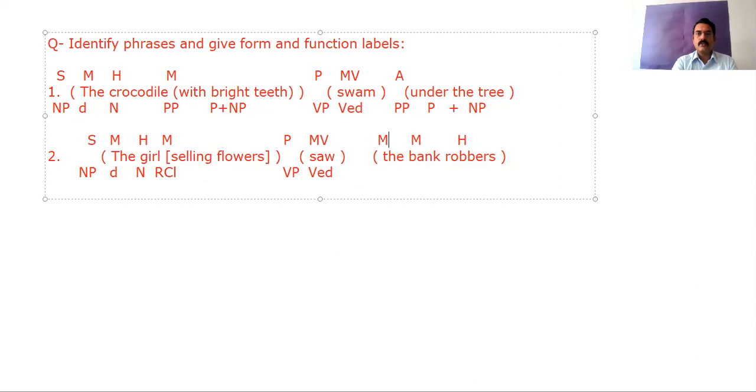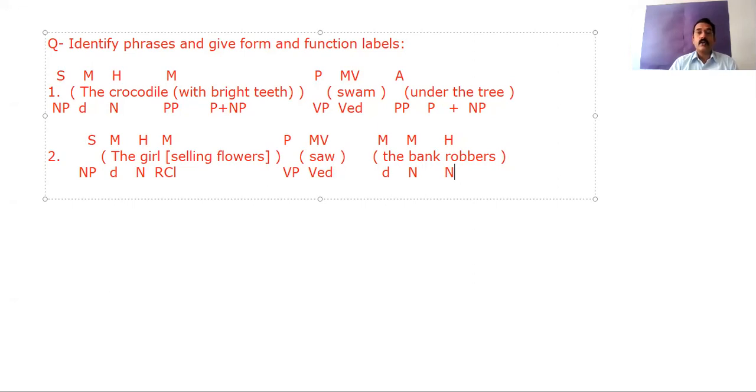So these two words are modifiers, the and bank, and let us give form labels. The is determiner, bank is noun, and robbers also is noun, isn't it? These two elements are nouns in this particular phrase.